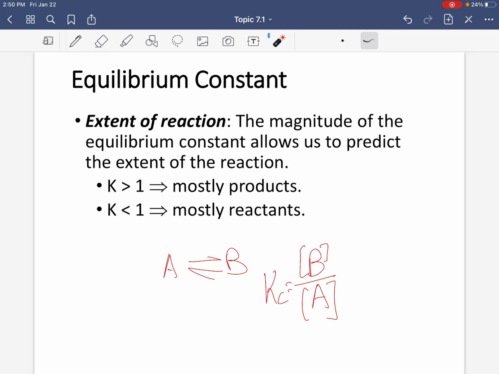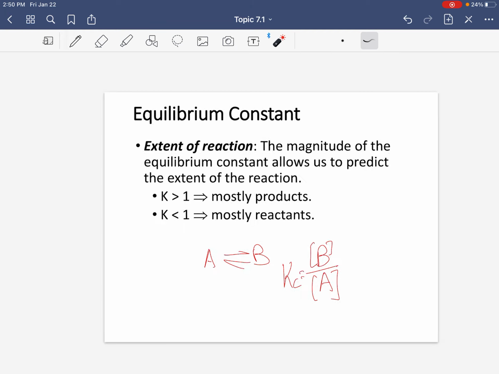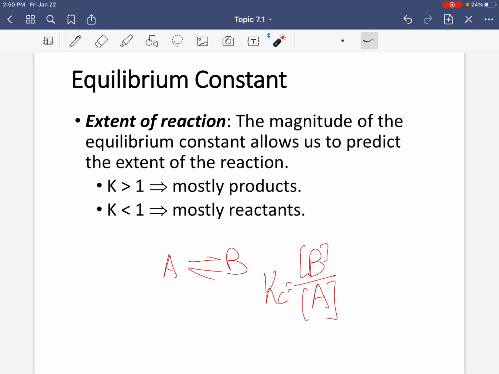But when the rates are equal, there's more products than there is reactants. We'll see some of these things later, and most likely we're going to be looking more into calculating at equilibrium what these concentrations are. Oh, we're going to be doing some serious math here today, some really serious math.